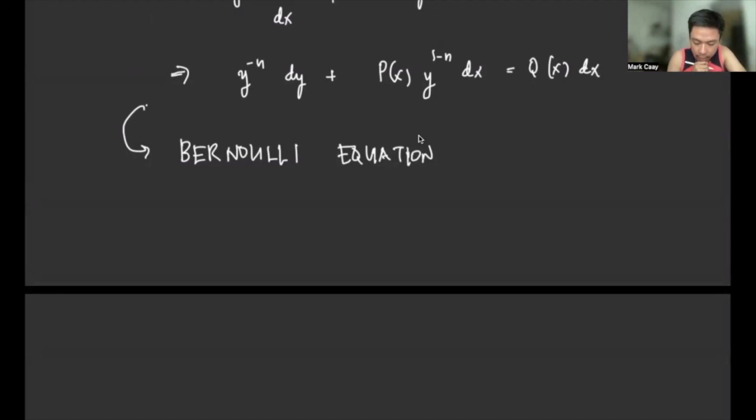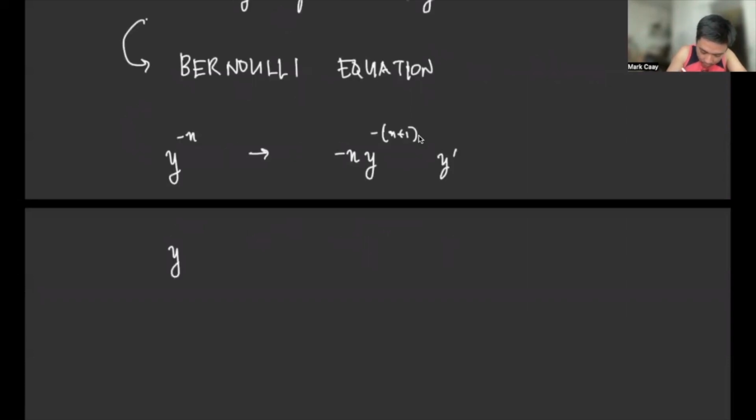Ang mangyayari dito guys is, note first that y to the 1 minus n has a derivative of 1 minus n, y to the negative n, y prime.